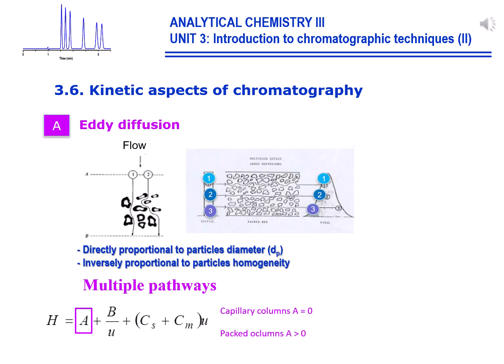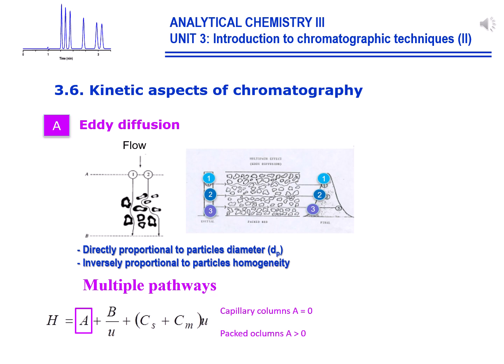The first term, A, corresponds to eddy diffusion and considers the different paths by which solute molecules can move through the stationary phase when entrained by the mobile phase. In open tubular capillaries, the A term is 0, since the lack of packing means that no channeling occurs.